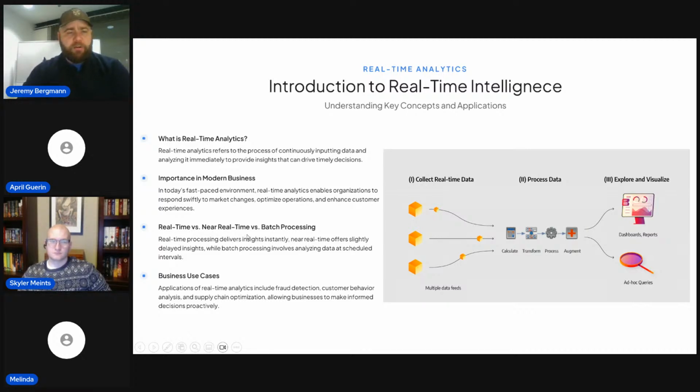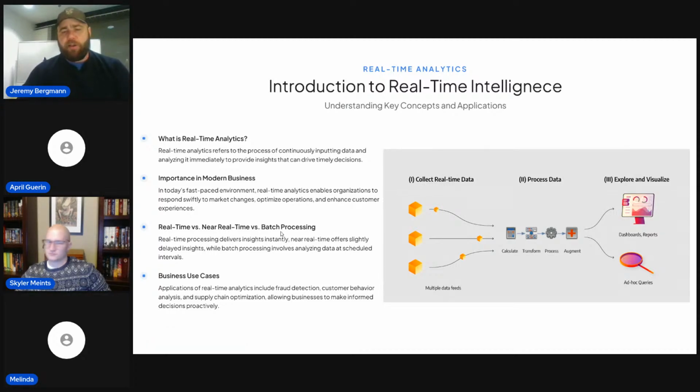When you have near real time, it's not quite real time. You'll see an example of this in the demo, but the system will continually update, and then you'll be able to get those observations usually within seconds, or if you do it really well, within milliseconds. So not quite a real-time stream, but just about as close as you can get, versus batch processing.